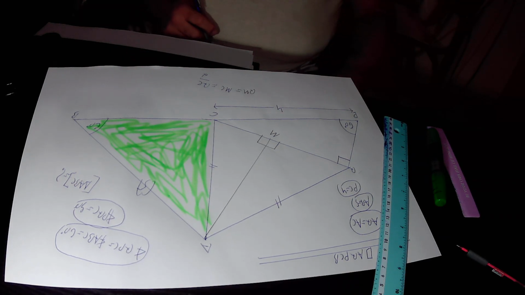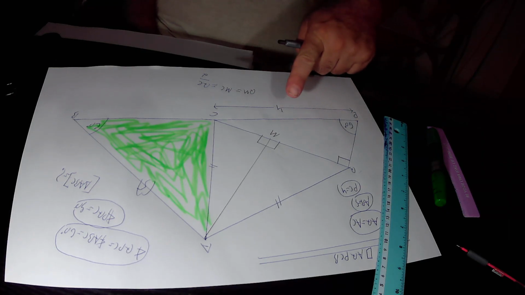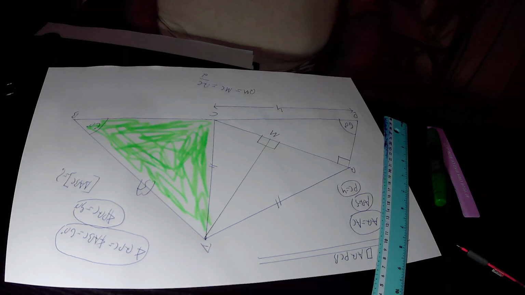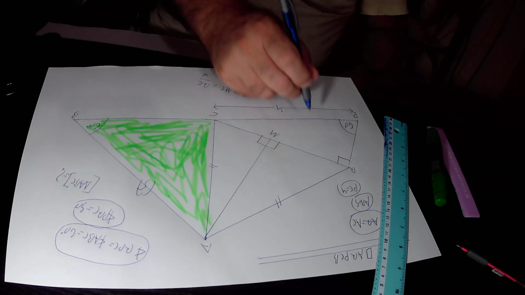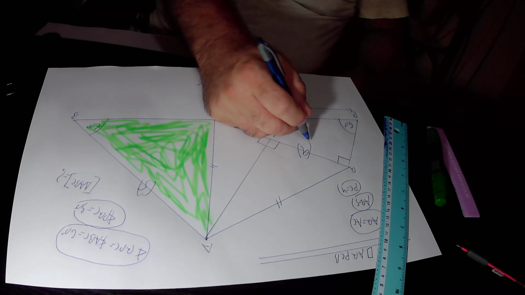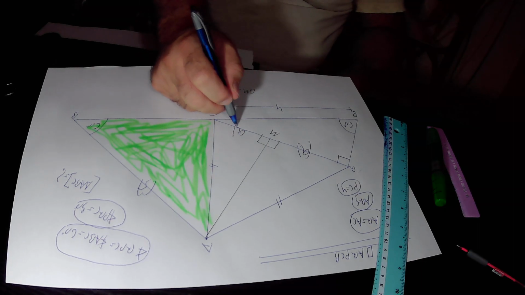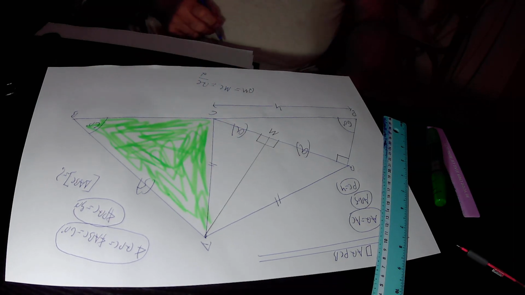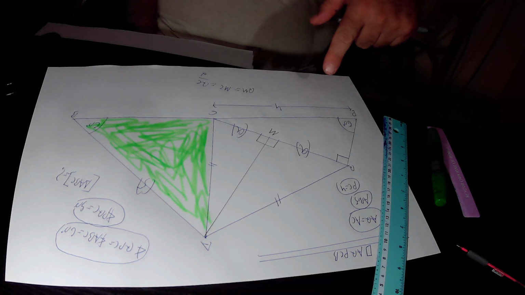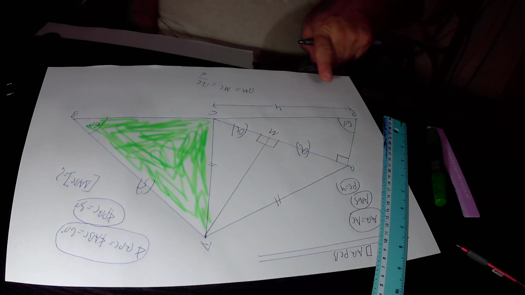So if we define the first half QM as A, then the second half MC must also equal A. In the next step, we will extend the perpendicular AM by a straight line until it touches side PC.